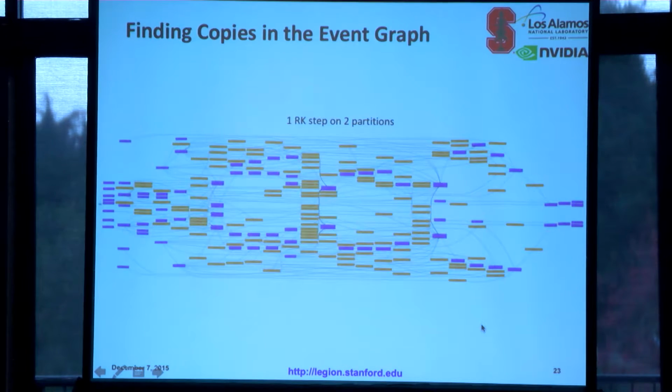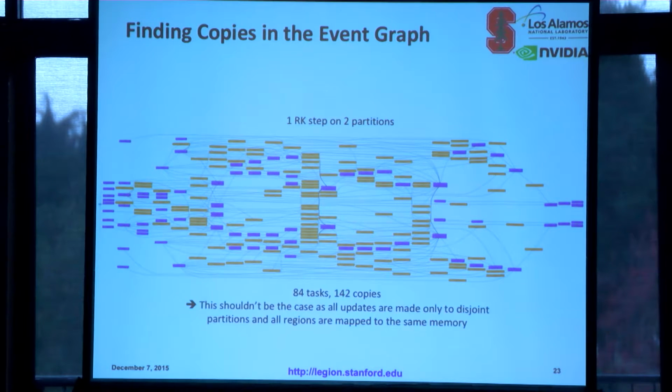So the next step is to get an event graph of this run. As I said, the real execution is too big to fit into a single graph, so I reduce the problem size to get the dependence structure and see which copies are inserted by the runtime. Here I found 48 tasks and 142 copies between instances.